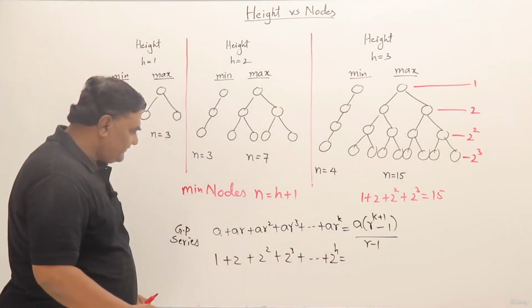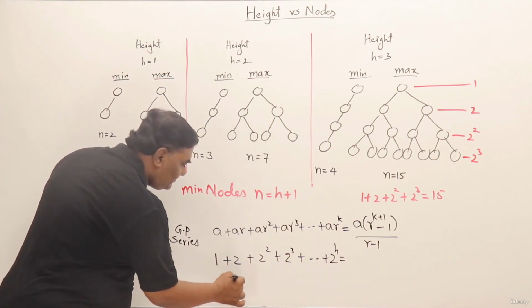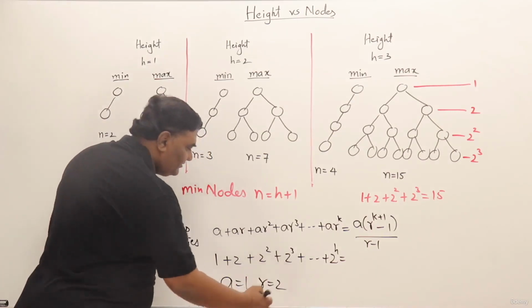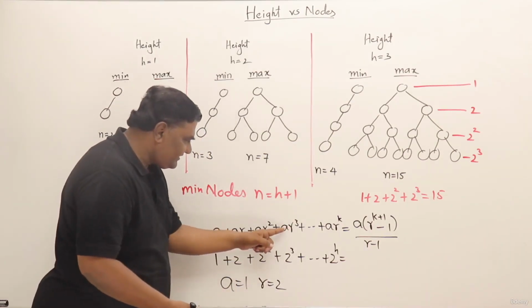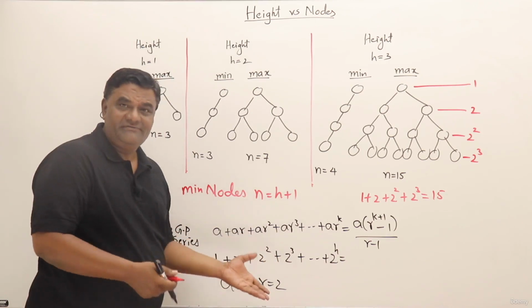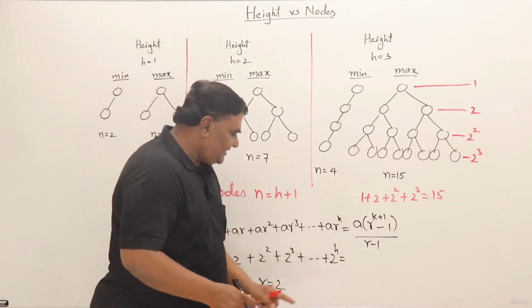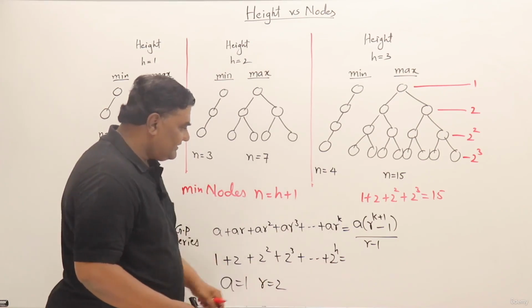Then what is a in this one? a is 1. Then what is r in this one? r is 2. See, for each term coefficient a is not there. Not there means it is 1. So a is 1 and r is 2. So I will use this formula and I will write down a as 1 and r as 2.